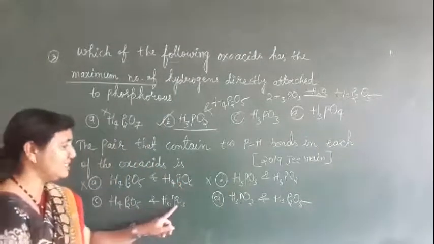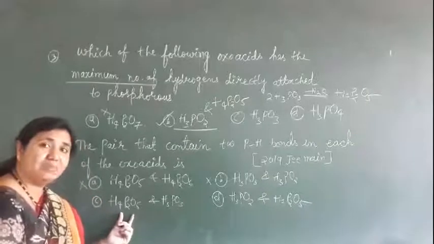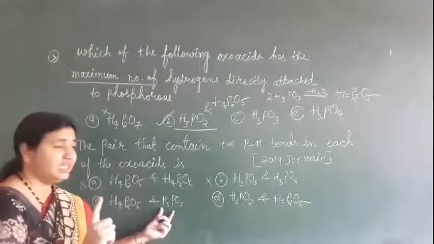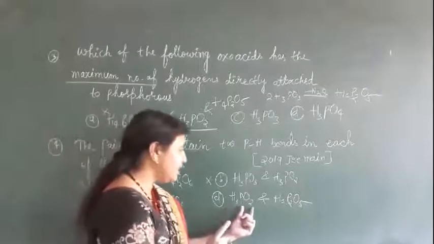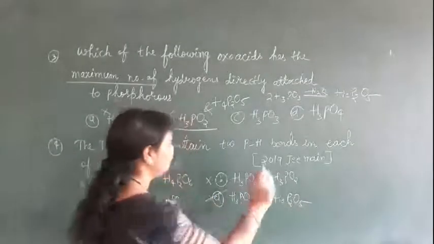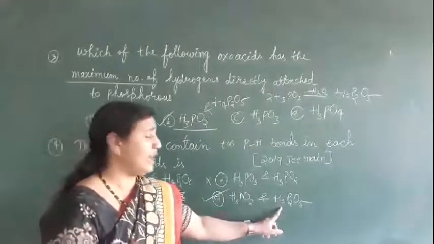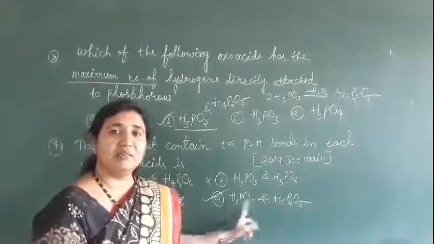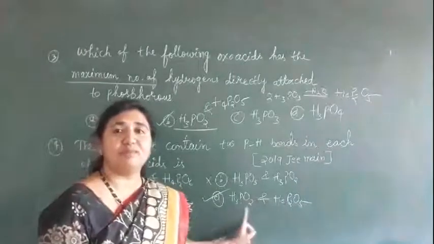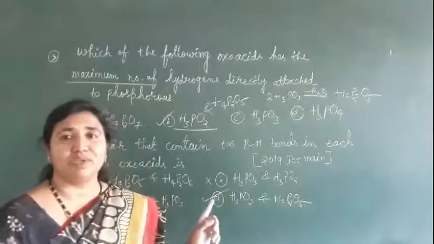H4P2O5 and H3PO3 is also wrong, because here we have 2 P-H bonds but here only one. The last option, H3PO2 and H4P2O5: hypophosphorous acid and pyrophosphorous acid. In both we have 2 P-H bonds, so option D is the correct option here.